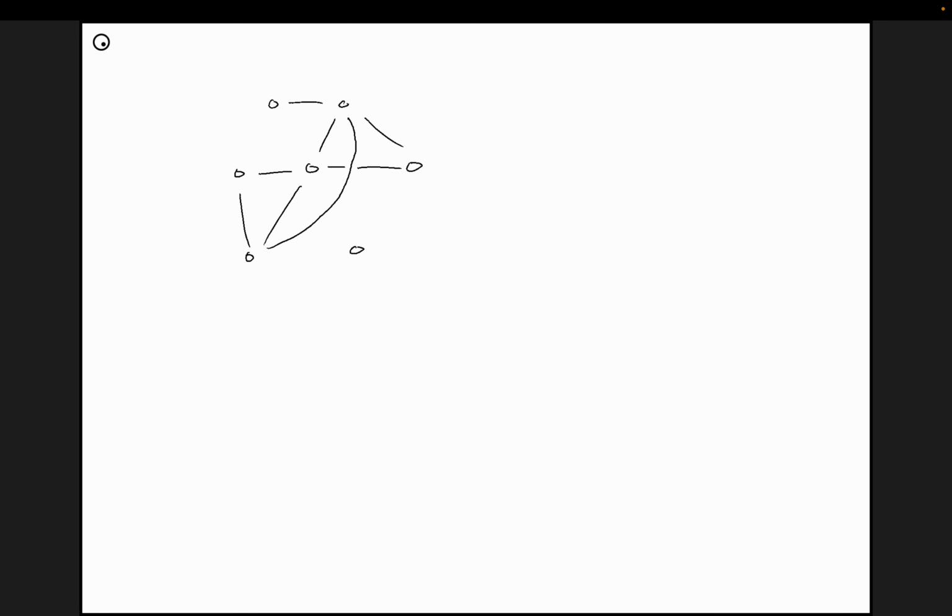There you go. So this right here, you can see we have 1, 2, 3, 4, 5, 6, 7 points, or as we call them in graph theory, vertices.